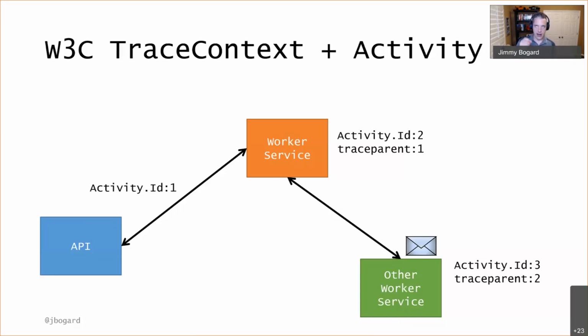The IDs that are transported on the wire across services are done through a special header called the traceparent header. You can actually inspect your traffic today, and you'll probably see that for a lot of your traffic, because it's starting to be turned on by default in a lot of systems these days. Now, this W3C standard was really described for HTTP traffic.